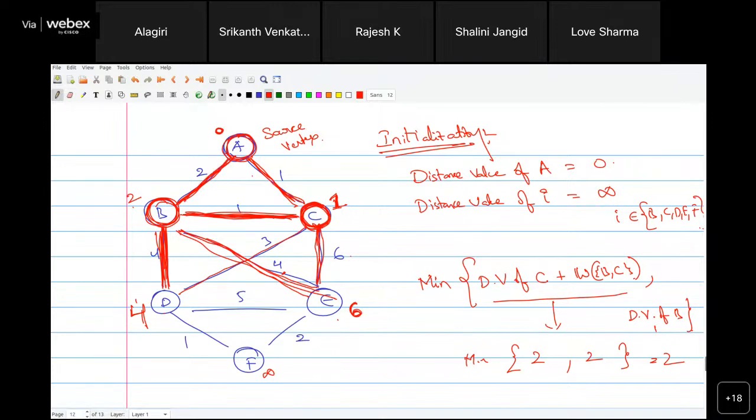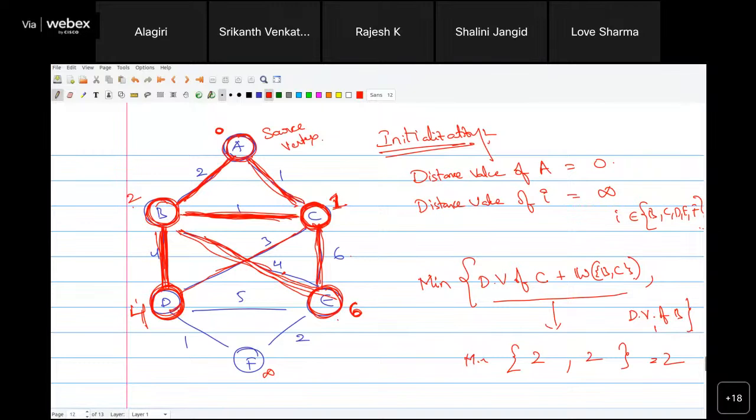Now all these edges are done, so I will move to the next neighbor, either E or D. It's better to move to the minimum value vertex; it's not mandatory, but it's better.